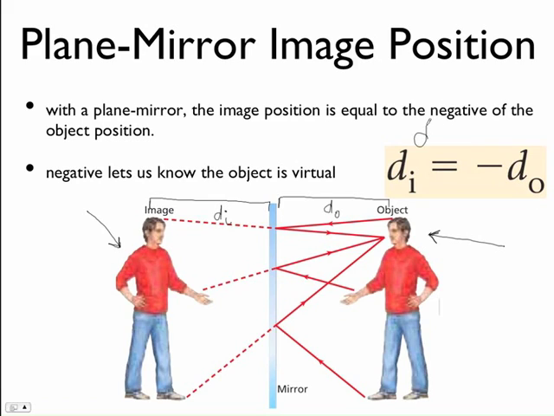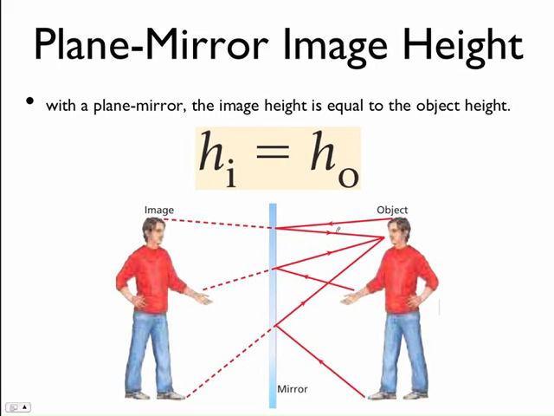You could also write the equation dO is equal to negative dI. It would be the same thing. And so this is the same distance away from the mirror, just on the opposite side. And that negative lets us know that the image is virtual. So if you don't see a negative, like when we start talking about lenses and things like that, then you know that the image is a real image.